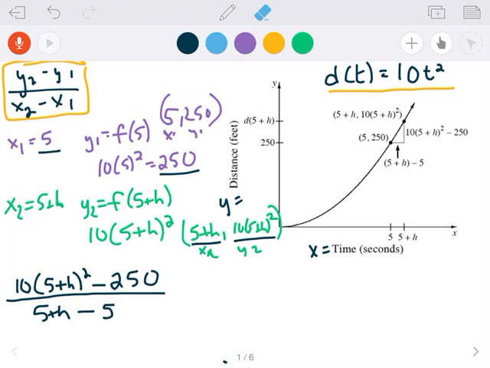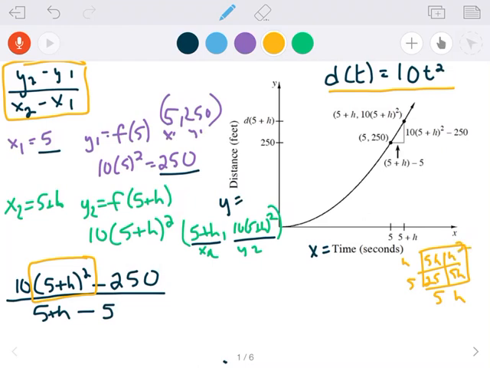And now our job is simply to simplify that. Careful, when we have 5 plus h, the quantity squared, that means we need to do an area model. I'm running out of room here, I'll do it over here. 5 and h and 5 and h get multiplied to be 25, two 5h's, and h squared.